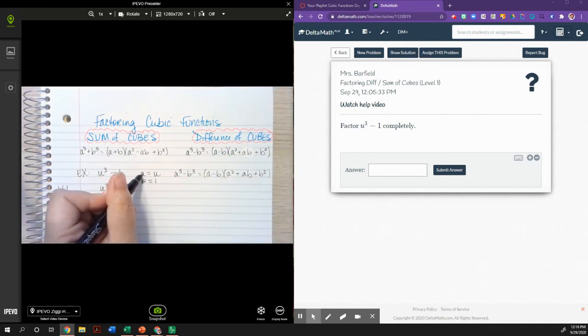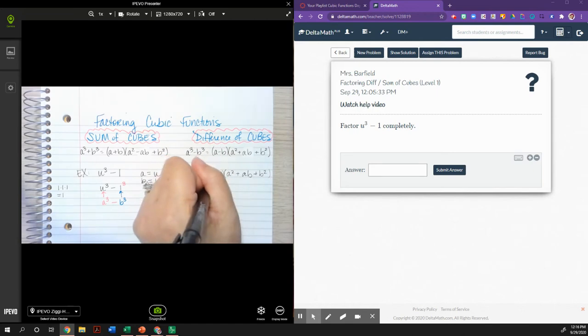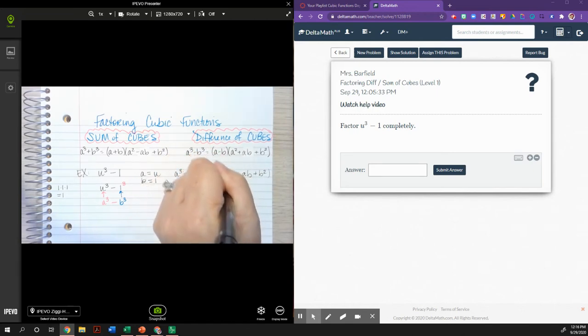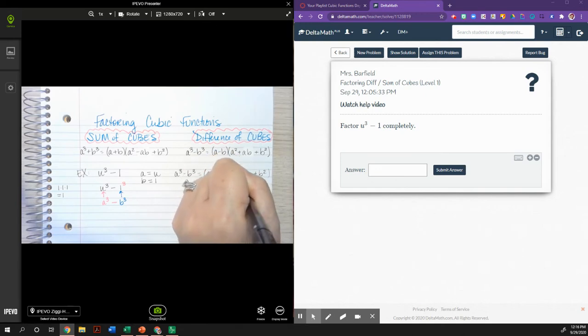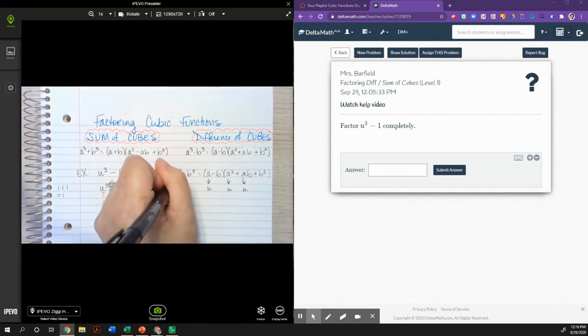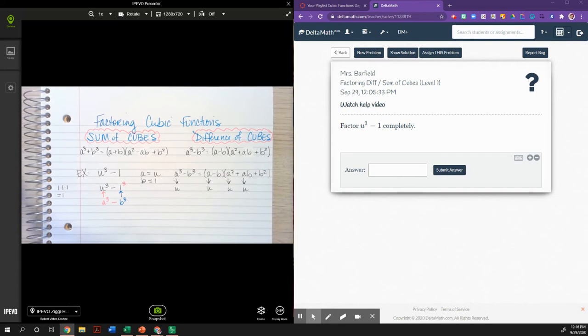We've decided that a is u, so everywhere I see an a, I'm going to put a u, and I can even put it here. Everywhere I see a b, I'm going to put 1.